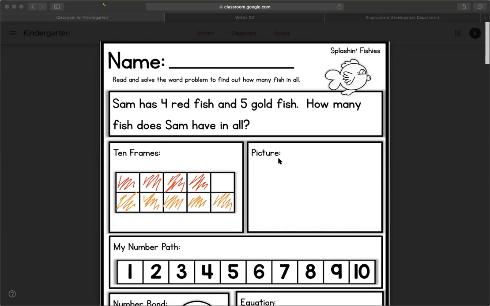Then, right here, your next method would be drawing a picture. So I would draw 4 red fish, and 5 orange fish.